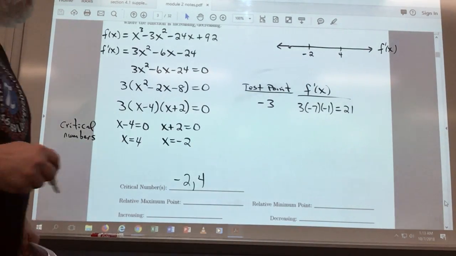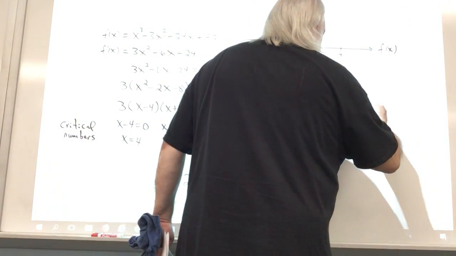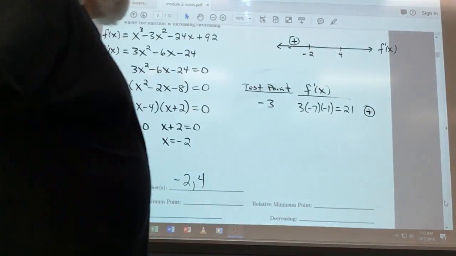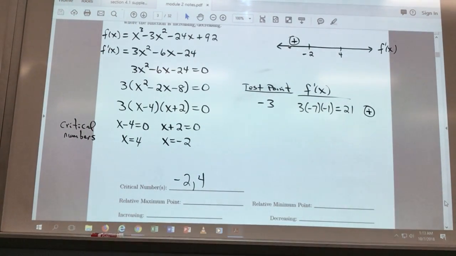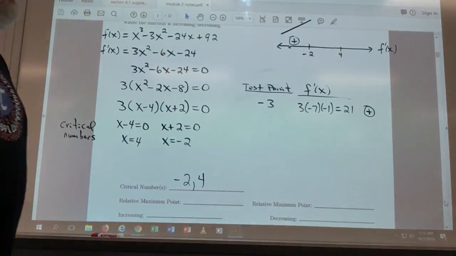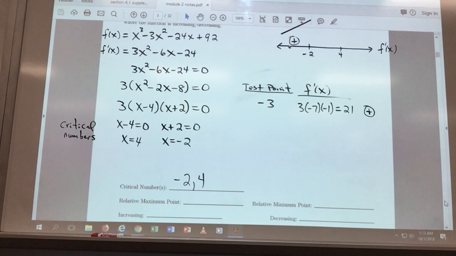That's positive. So that says for any value of x between minus infinity and minus 2, the slope is positive in the graph of this function. And so f of x is increasing for any value of x less than minus 2 in this function.